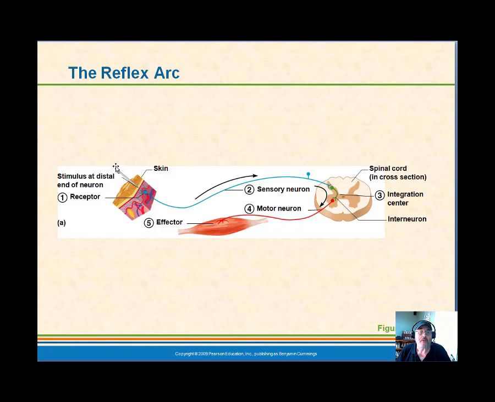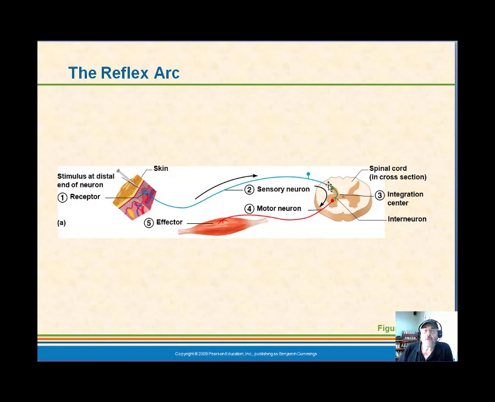Say I step on a nail or I get stuck with a pin. That's going to send a signal along a sensory neuron to an interneuron, which is located, in this case, in the spinal cord. And most of our reflexes are located in the spinal cord and processed through the spinal cord.